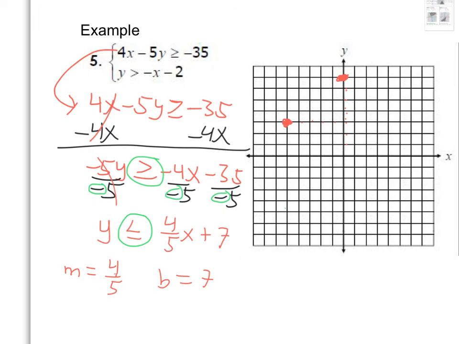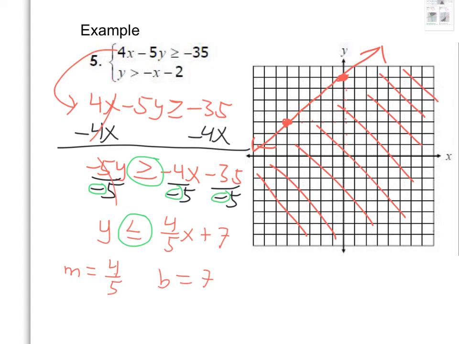Well, you can look at the inequality. This is going to be a solid line, so let's put a solid line on here, just like that. Perfecto. Then we want to take care of the shading. Since we flipped the sign, the shading is below the line now, because it's a less than sign. So we're going to go less than.